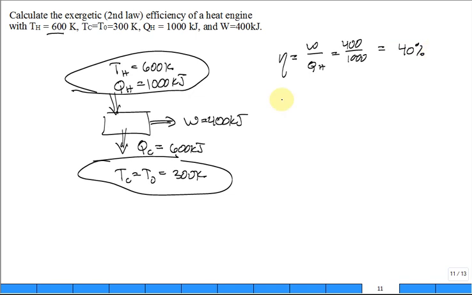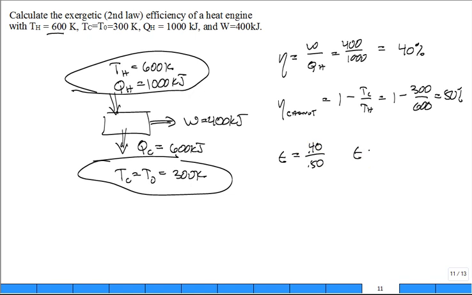What is the Carnot thermal efficiency? 1 minus TC over TH. 1 minus 300 over 600. That's 50%. So don't report the thermal efficiency of the power plant. Report the exergetic efficiency of the power plant, which is 40% divided by 50%. It's 80%. Hey, that looks a lot better, doesn't it?